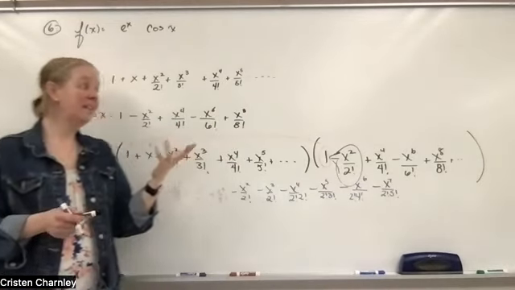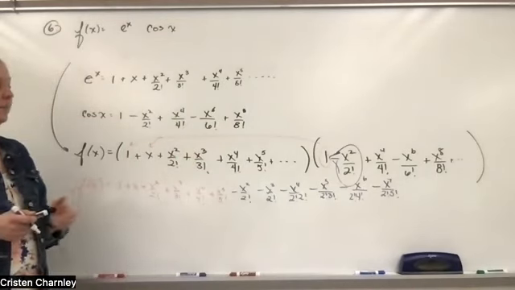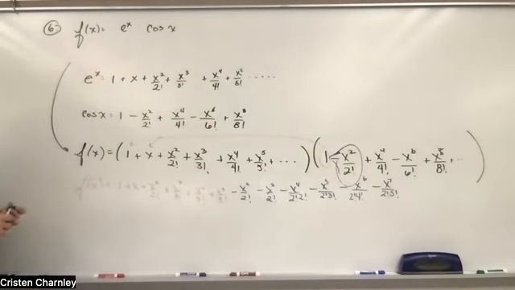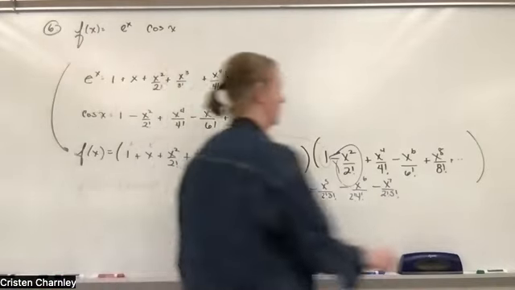Sometimes they will ask for a degree. Sometimes they will ask for a number of terms. All right, I'm thinking x to the 4th might get us to where we need to be.